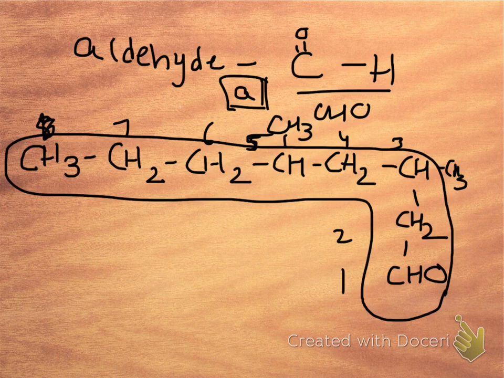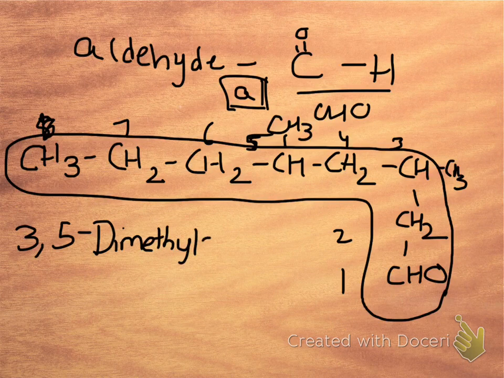So there are two methyls, so we will write it as dimethyl. Instead of writing 3 methyl, 5 methyl, write 3, 5 dimethyl.